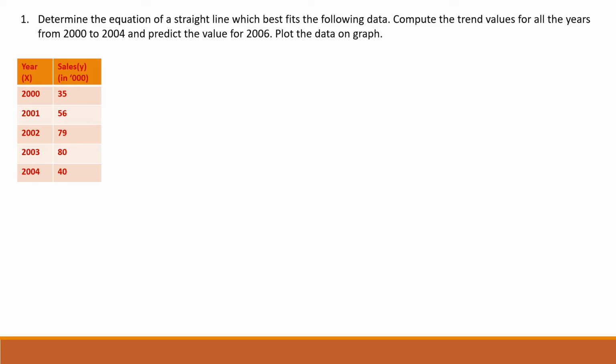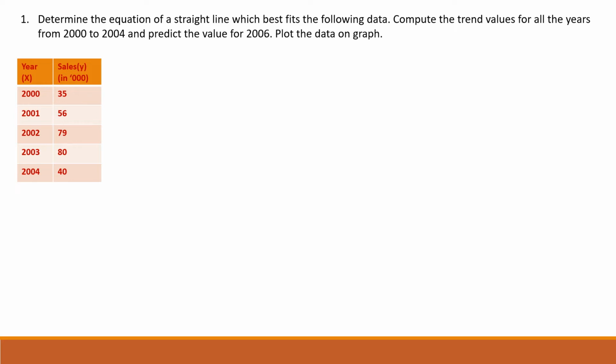So here we first have to calculate the equation of the straight line trend, that is y equals a plus bx. We have to find a, b and x values, compute the trend values using that equation for all the years, make an estimate for the year 2006, and plot this data on the graph.